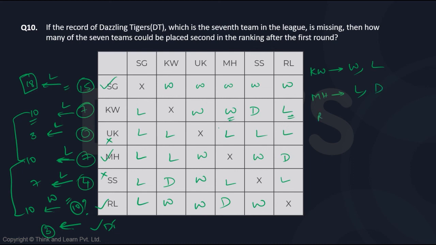And if you're looking at RL and KW, it is a win. And RL and MH is a draw. So KW has a win and a loss, and MH has a win and a draw.